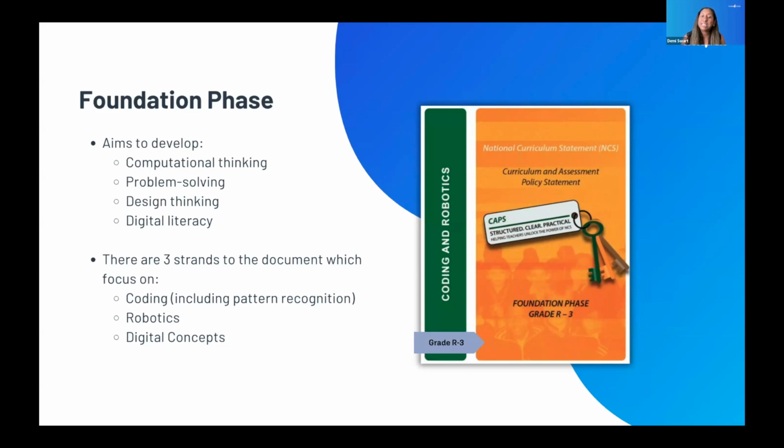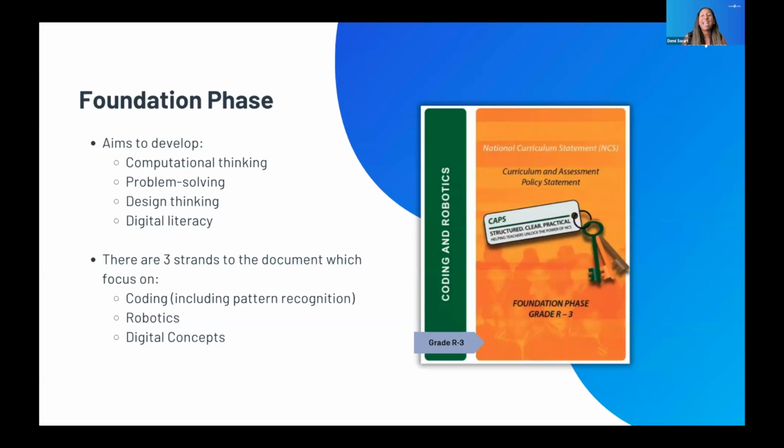There are three strands to the document, which focus on: one, coding, which involves basic operations such as sequencing, pattern recognition, and developing simple algorithms using pictures and symbols. Two, robotics, focusing on understanding what robots are, their components, and their applications.